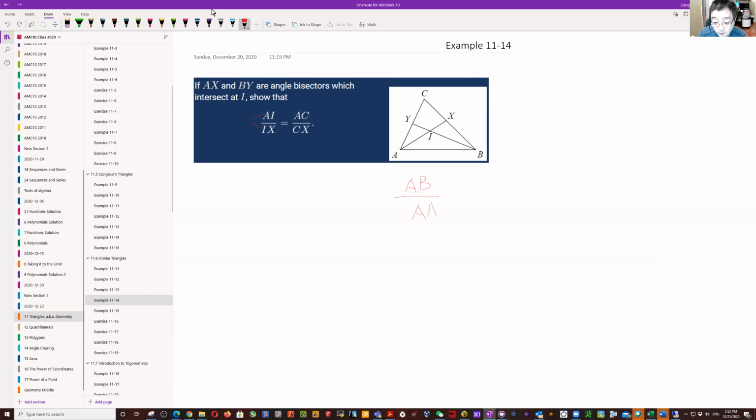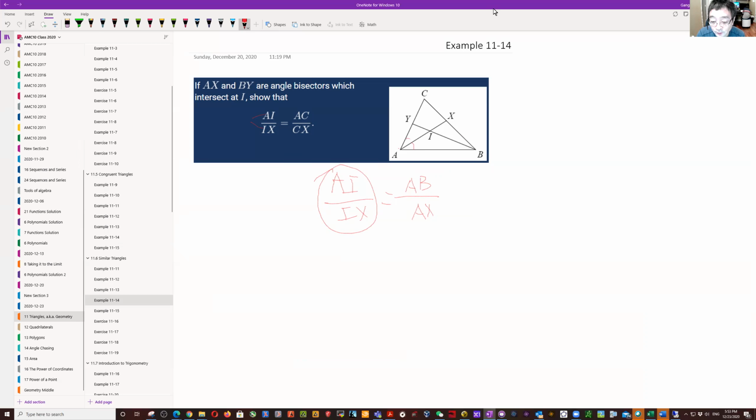So basically this is AI over IX, AB over AX, and AC over CX. So just looking at this angle differently.